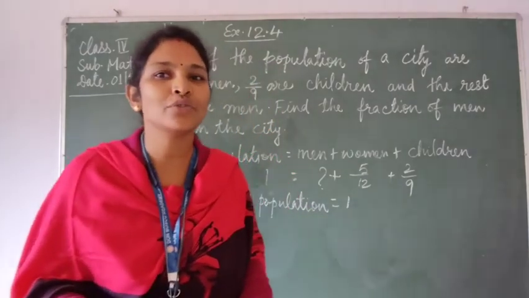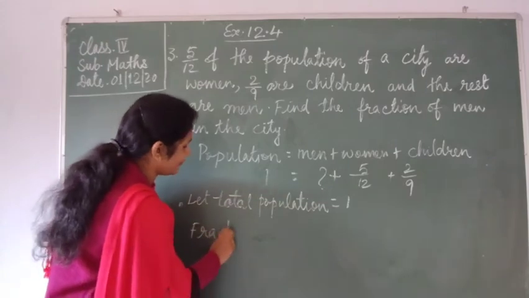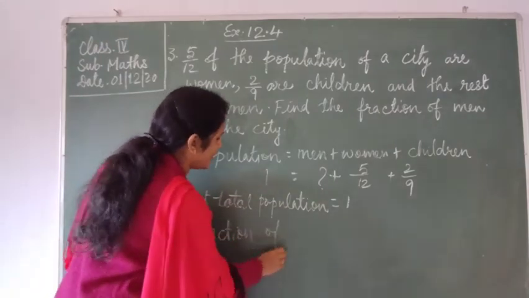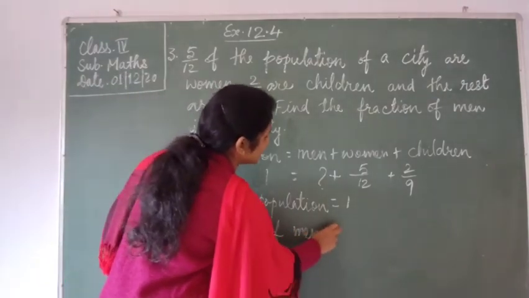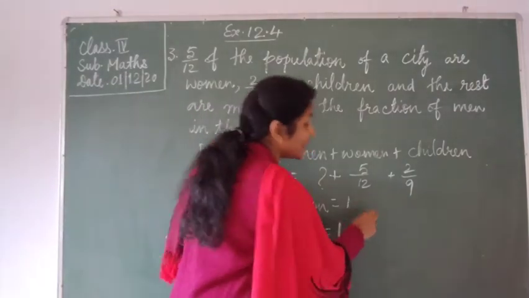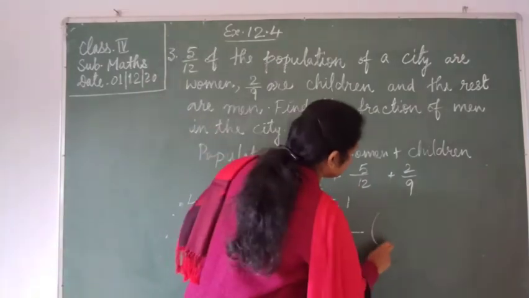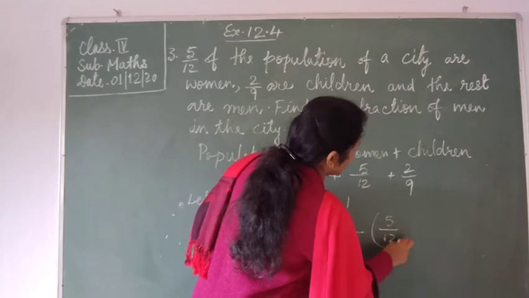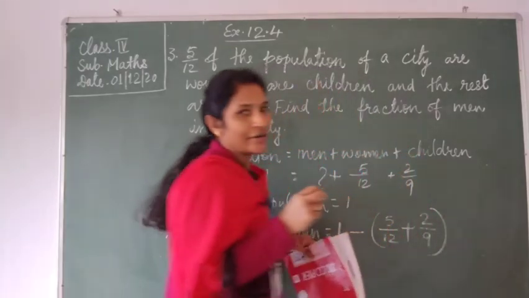From that, what we have to find out? We have to find out fraction of men. Therefore, fraction of men is equal to 1 minus, means total population minus, population of women plus population of children.